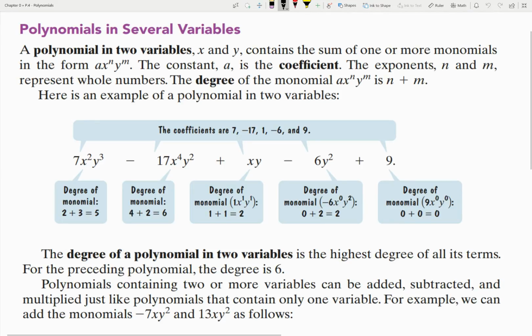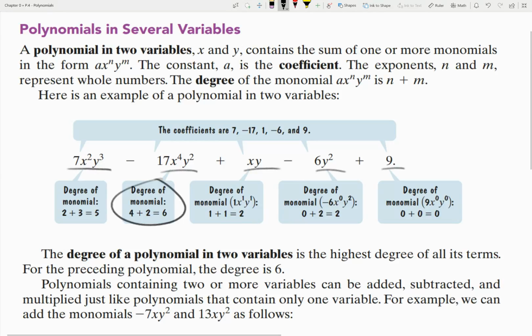But the degree of each monomial is the sum of the two exponents. So for example, the degree of this first term would be 5, this term 6, 2, 2, 0. Which would make the degree of this polynomial 6, because that's the biggest.